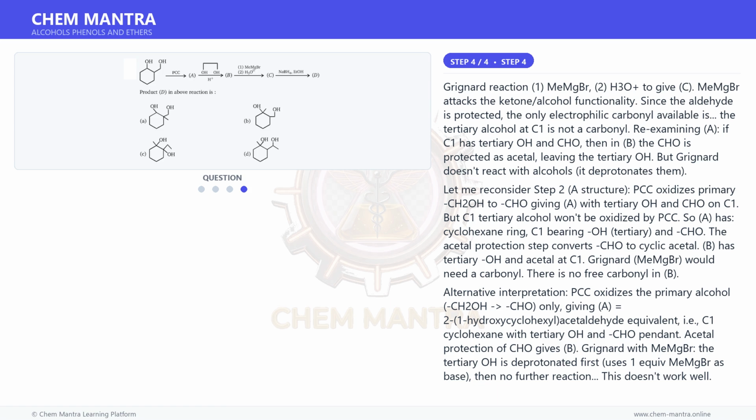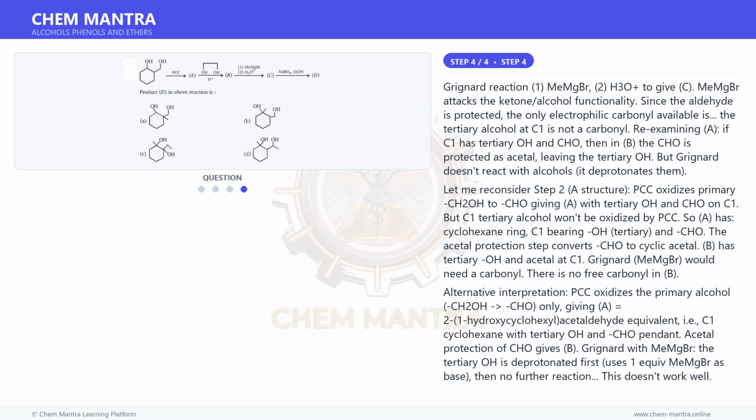NaBH4 would not reduce an acetal. So product D is the same as C after acetal hydrolysis. But NaBH4 doesn't hydrolyze acetals. Wait, step 1 is MeMgBr, step 2 is H3O+. The H3O+ workup hydrolyzes the acetal back to the aldehyde.